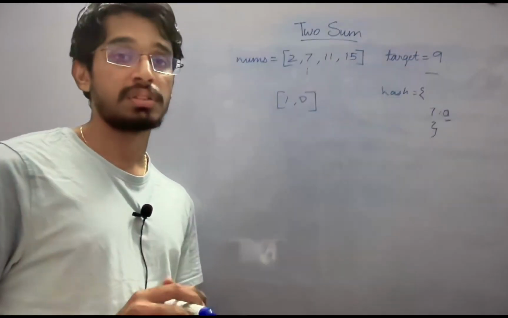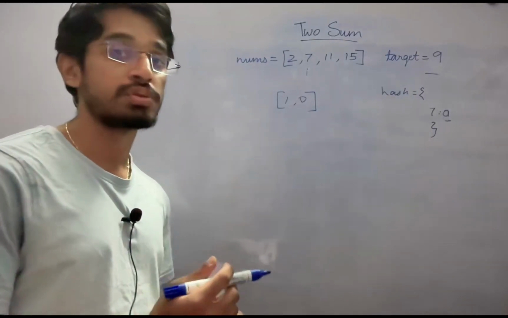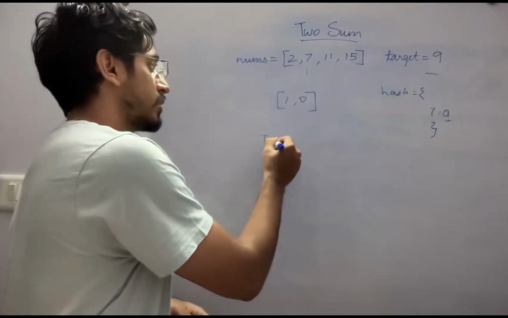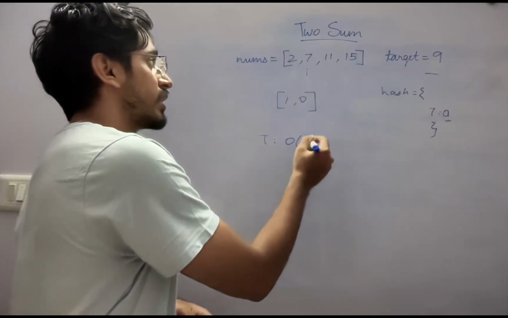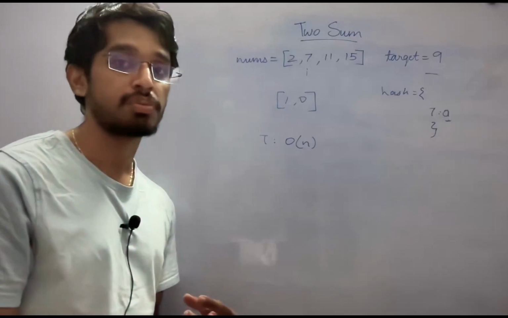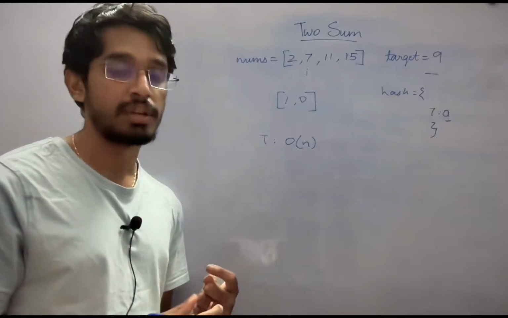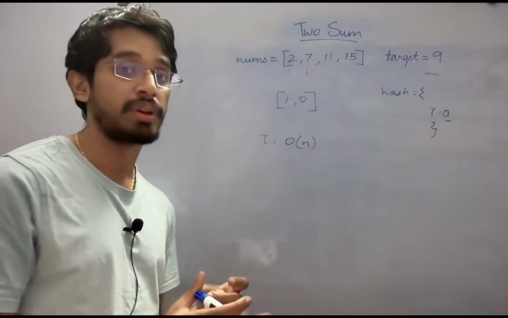Okay, so what is the time complexity of this technique of solving the two sum problem? It is O of n, since we are just looping across the array just once and not creating any nested for loops, so the time complexity reduces from n square to just n. Okay, so this is the most optimal way of solving this.